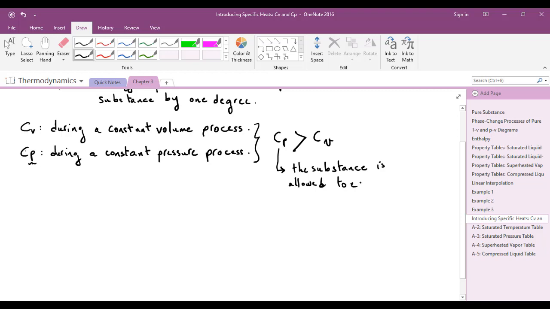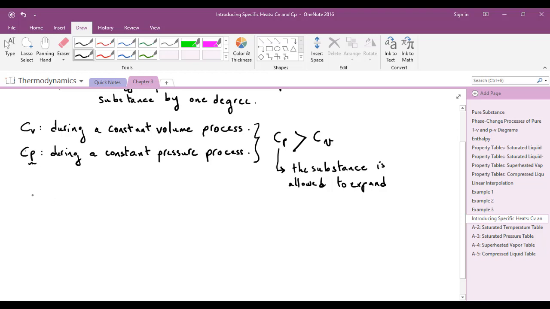The energy supplied will raise the temperature of the substance, and part of the energy the substance will use in order to expand. So we need to supply more energy to raise 1 kilogram of substance by 1 degree.